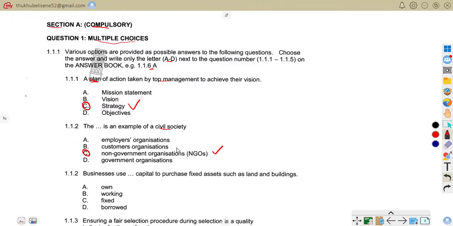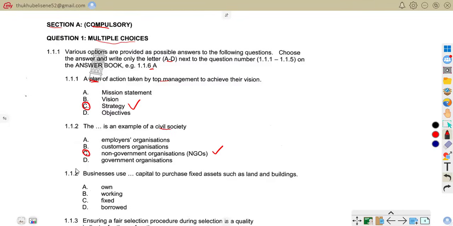They also operate independently of government control. They as well address social, environmental, as well as humanitarian issues. So that is why it becomes the correct answer.